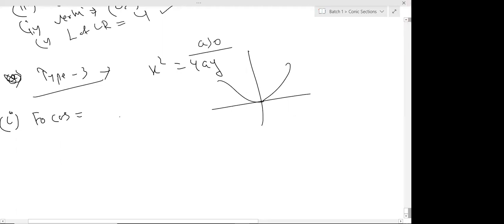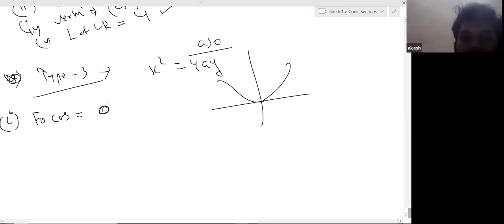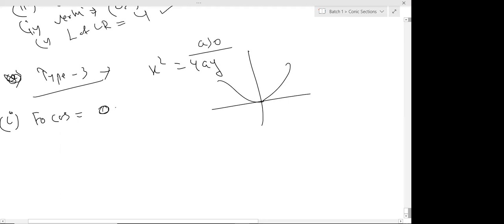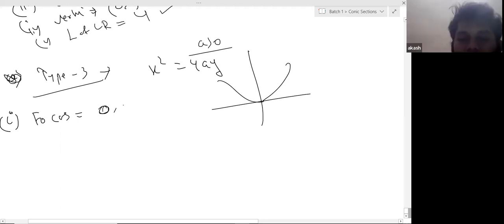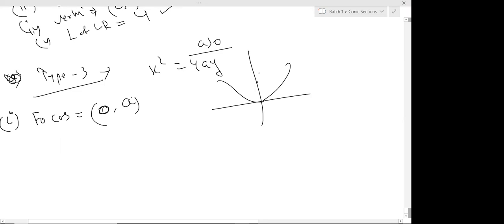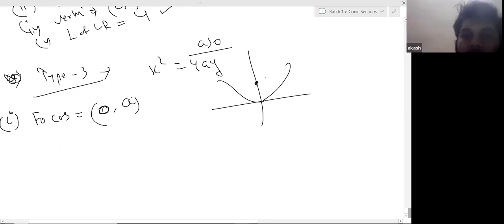So focus is 0 comma... You cannot write y. You can write 0 comma a, because this will be focus on the y-axis. So this is 0 comma a.